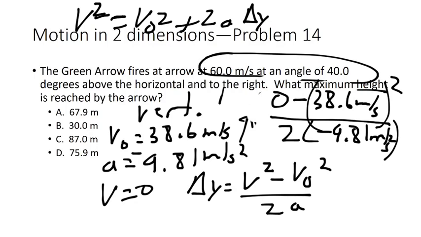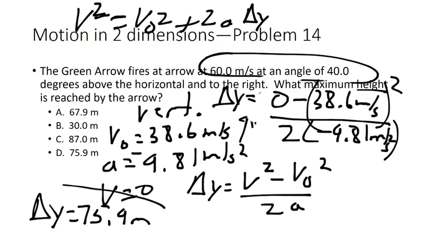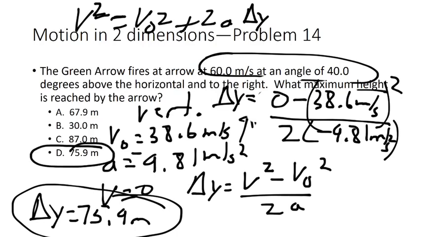And we're going to solve that out for delta x, or in this case delta y. And when we do, we get delta y equals 75.9 meters. That is the maximum height reached by this arrow. Correct answer on problem 14 is D, 75.9 meters.